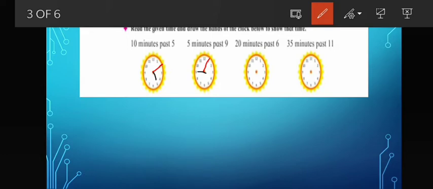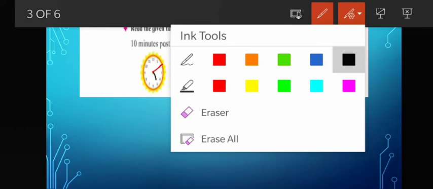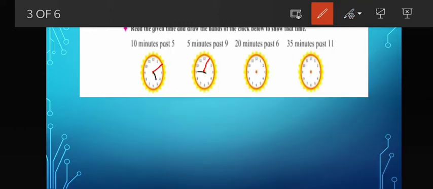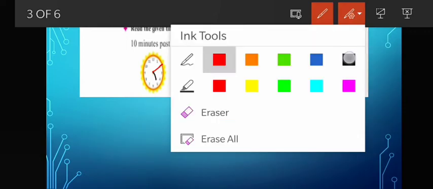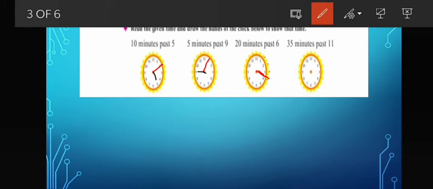Now 20 minutes past 6. First what we will do, 20 minutes: 5 ones are 5, 5 twos are 10, 5 threes are 15, 5 fours are 20. So 20 minutes. This is the minutes hand. Now let me try the hours hand.